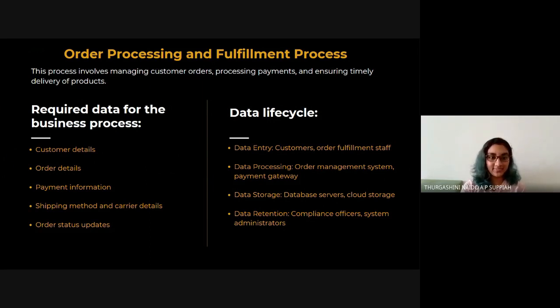The data required are customer details, order details, payment information, shipping method and courier details, and order status updates. The data life cycle is: data entry by customers and order fulfillment staff; data processing in the order management system and payment gateway; data storage in data servers and cloud storage; and data retention by system administrators and compliance officers.